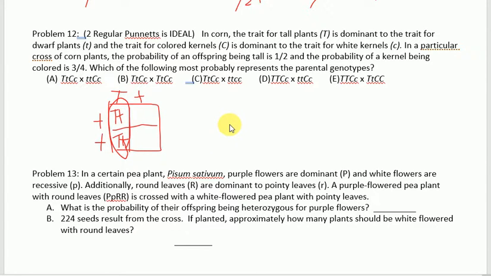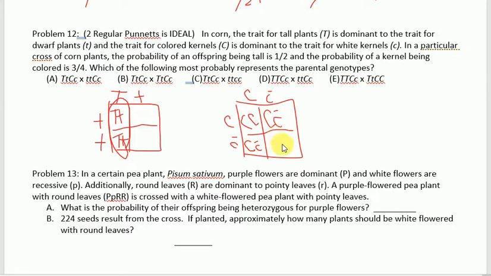And as far as the color goes, 3/4, both would have to be heterozygous for that 3 to happen because of that dominant C. So there would be our 3 out of 4. So our answer would be A.